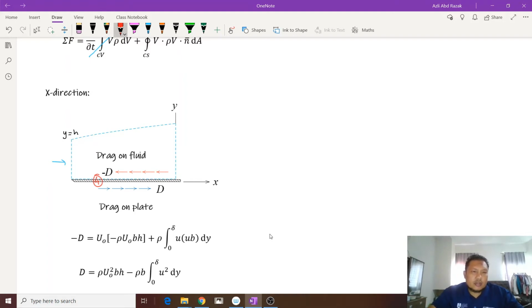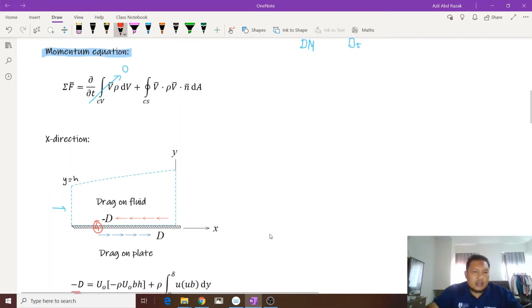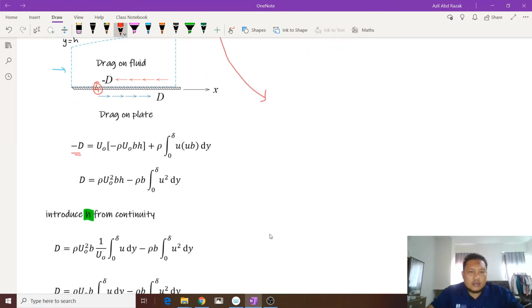So the summation of force now becomes minus D, minus because it's in the opposite direction. The flow comes from here, and the force acts against the flow in the opposite direction. That's why this is minus D, and then u naught, the velocity. If you simplify this one, this equation can change into this form. So you must remember how to determine this.